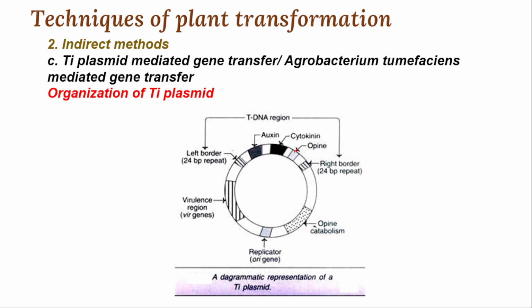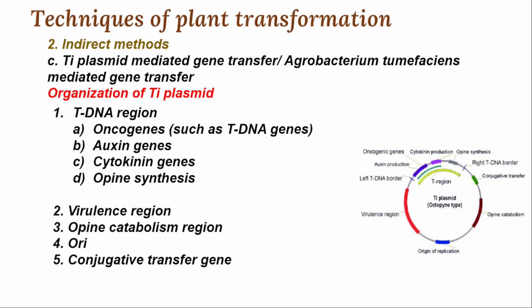It also contains opine genes and the virulence region. We can excise this region, insert our gene of interest, and integrate it into the plant genome, and successfully it will become a transfected or transformed cell. So these are the regions here: oncogenes, auxin, cytokinin, whatever we discussed is present here.